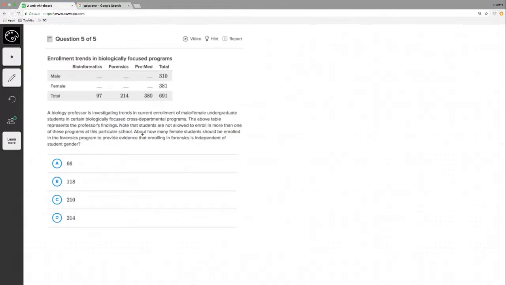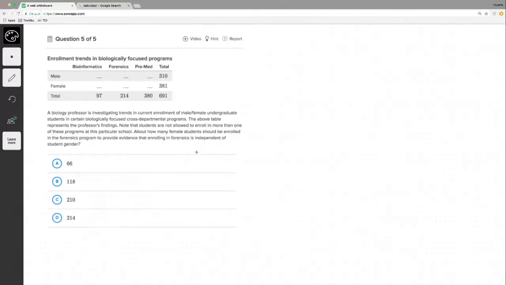About how many female students should be enrolled in the forensics program to provide evidence that enrolling in forensics is independent of student gender? So this is almost like a full-on English question. You just have to decode what's going on. This is barely a math question, in my opinion.